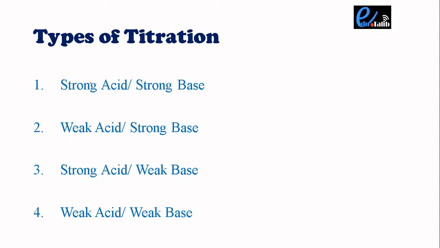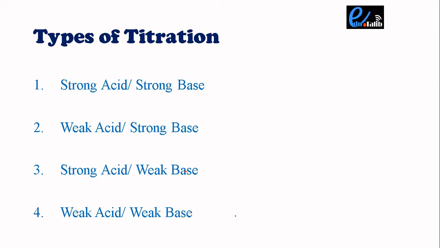The first condition is when the acid is strong and the base is also strong. The second is when the acid is weak and the base is strong. The third is when the acid is strong and the base is weak. And the fourth category is when the acid is weak and the base is also weak.